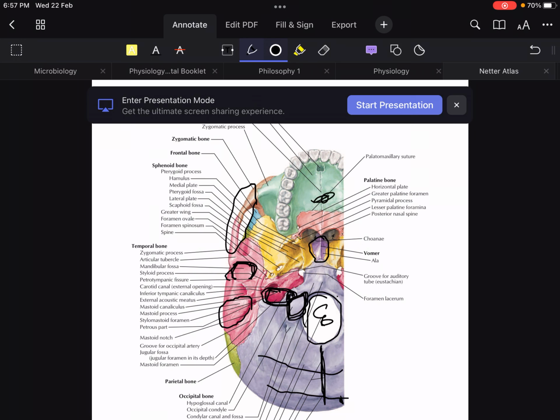This part, this green one, is the hard palate, and as you can see the color is green, and you remember that the maxilla in the first video, the color of maxilla was green, so we can say that hard palate is a part of maxilla bone. Okay, and in the posterior part of the hard palate we have soft palate. It's small.